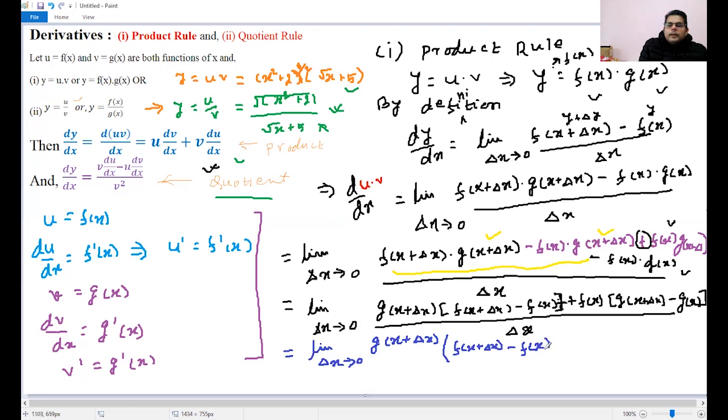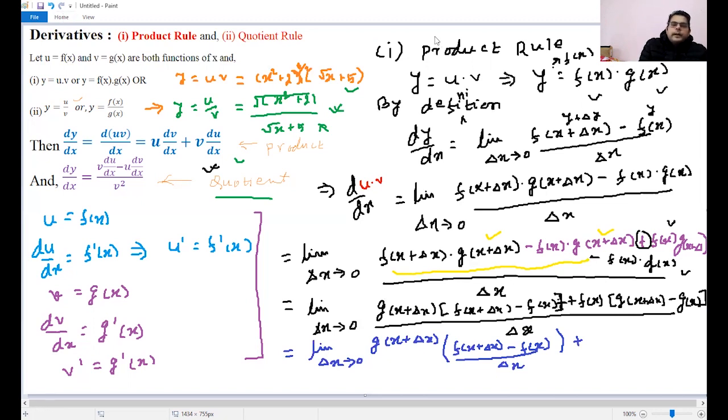This sort of thing is going to be divided by Δx over here, and then the limit is applicable to the other term also. I'm just doing the fraction separation algebraically here, so that it will be the whole thing from here to here.